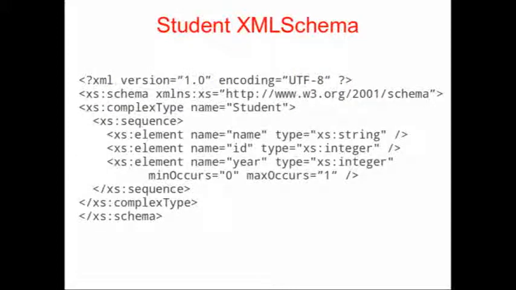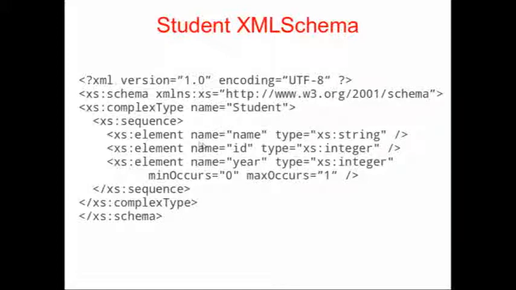For example, for our student data, we could say that we're going to use the XML schema described at this URL, and we're going to have a type of name student. Within student, we're going to have an element whose name is name and is a type of string.